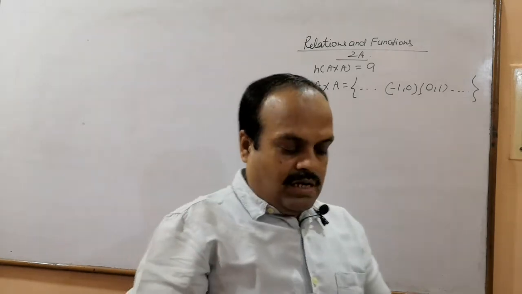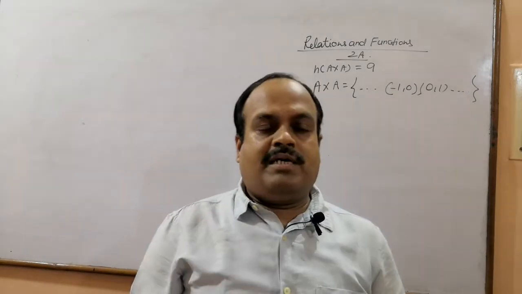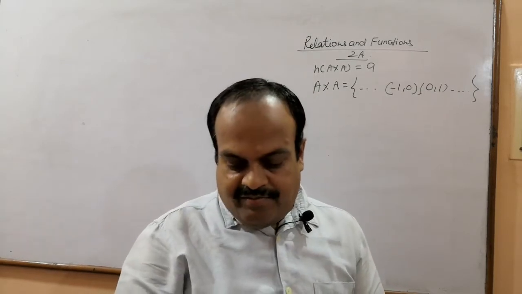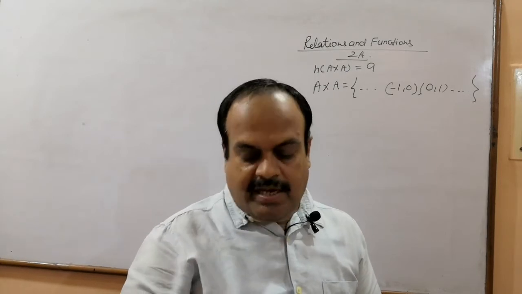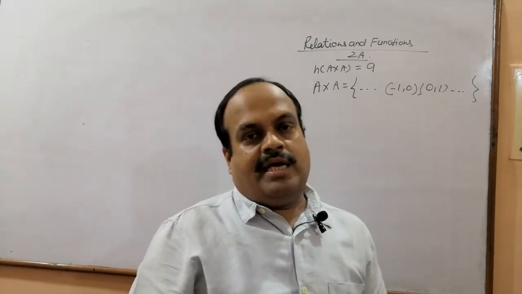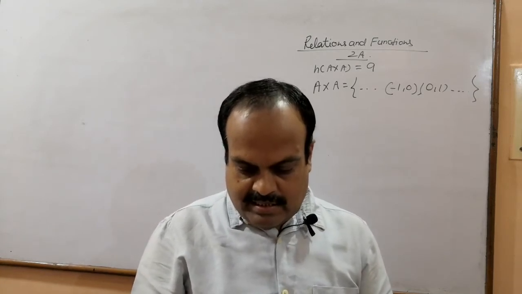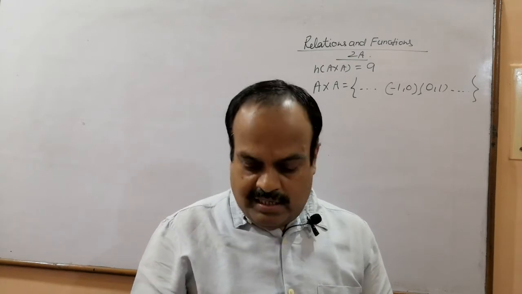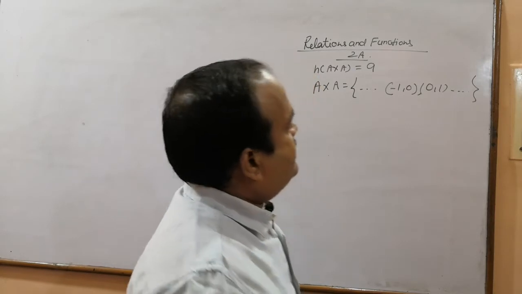Among the ordered pair elements of A cross A, two elements are found: (-1, 0) and (0, 1). Find the set A and the remaining elements of A cross A.